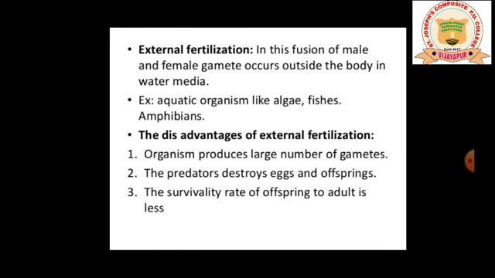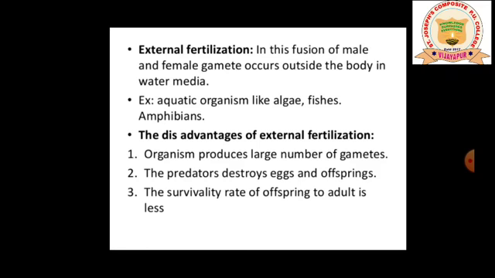So external fertilization is going to take place outside the body of an organism, and internal fertilization is nothing but, in the case of reptiles, birds and mammals, human beings, the male gamete is inserted into the female reproductive tract at the time of mating or copulation.